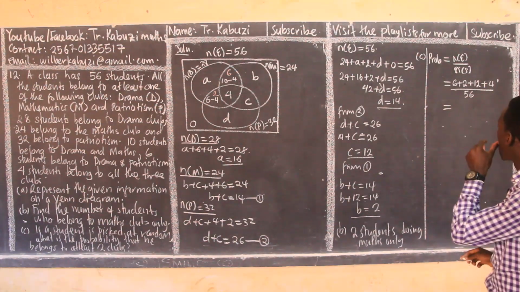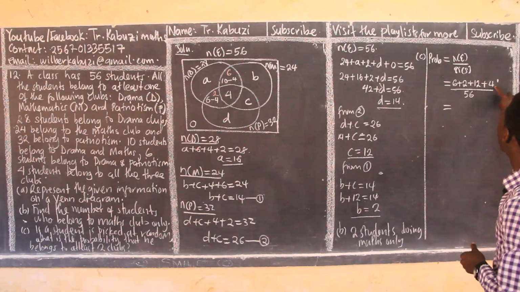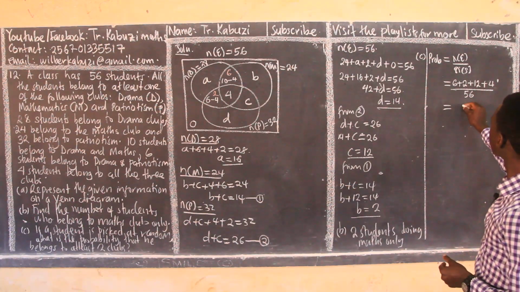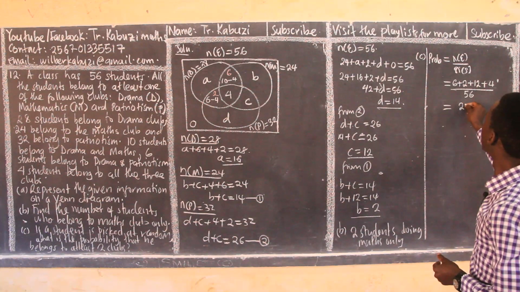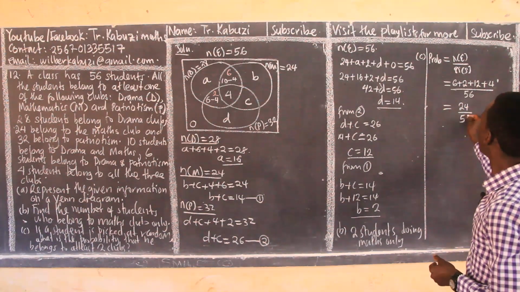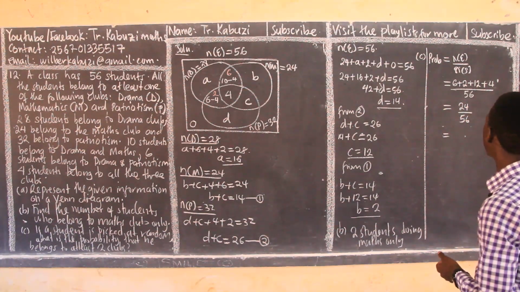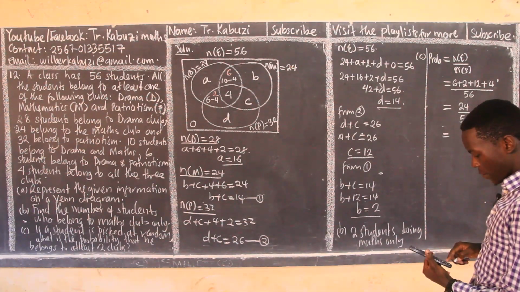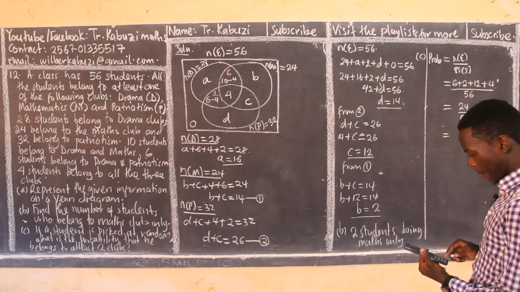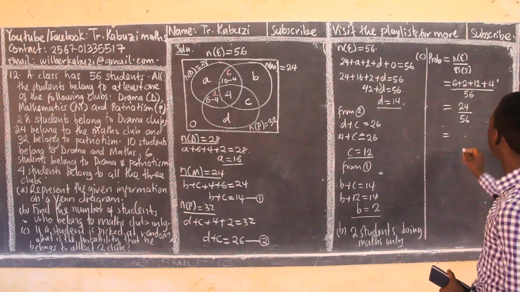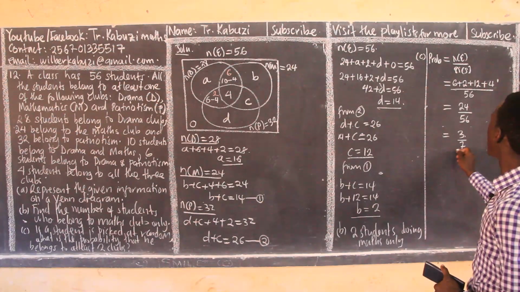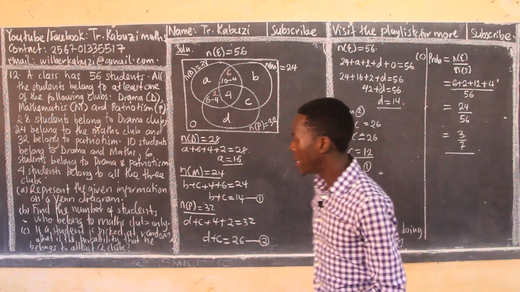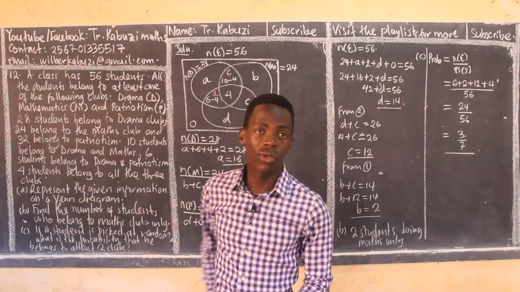And this will be 10 plus 14, that will give us 24 over 56, which you can reduce by 2, I think. That will give us 3 over 7, and that will be the probability that a student chosen at random belongs to at least 2 clubs.